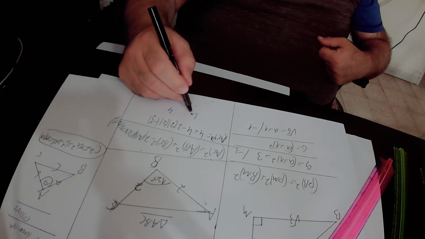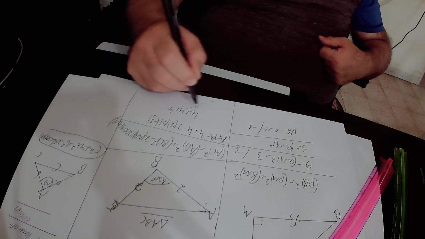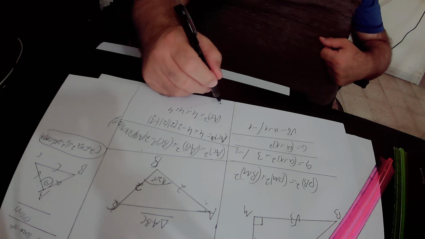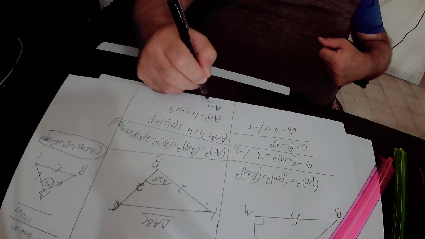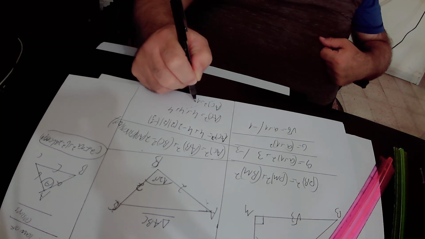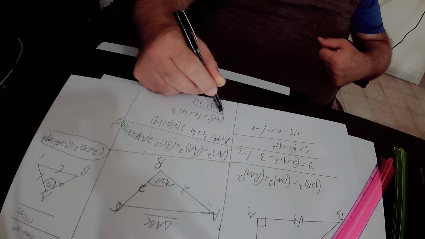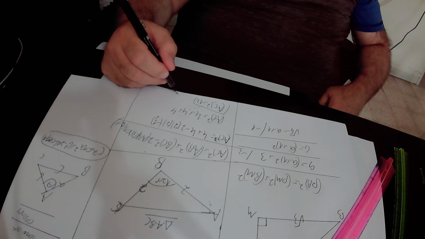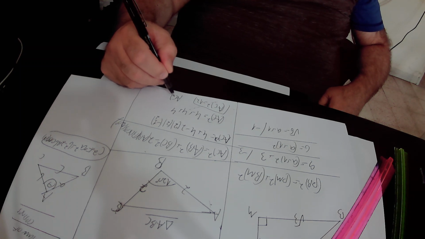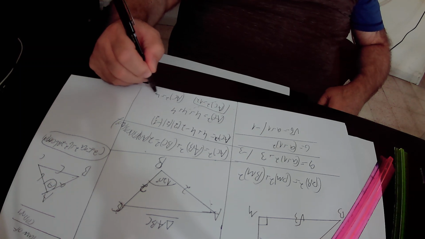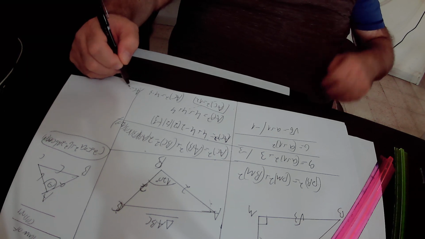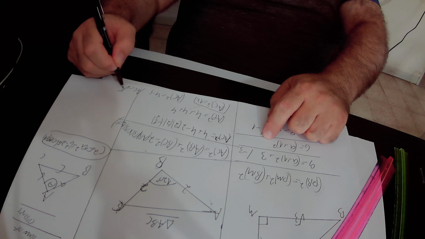So we have 4 plus 4 plus 4, that is equal to AC squared. So AC squared equals 12. Here we substitute 12 by 4 times 3, so AC squared equals 4 times 3. We take a root of this equation and we get that AC equals the square root of 4 times 3.